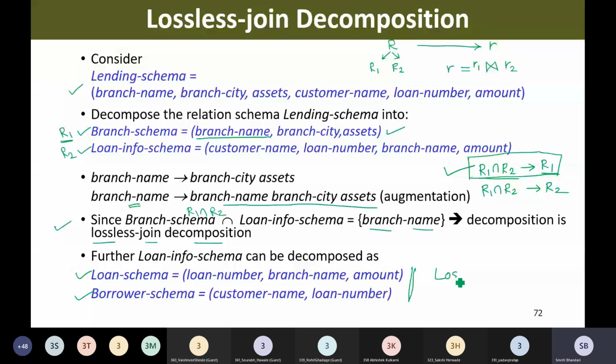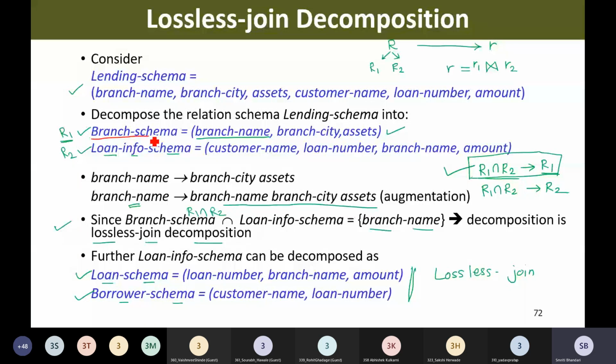So, lending schema is decomposed as branch schema and loan info schema, and further this loan info schema can be decomposed as loan schema and borrower schema. Ultimately, in our design we will have this branch schema, this loan schema and this borrower schema. And we have seen that this decomposition is lossless join decomposition.